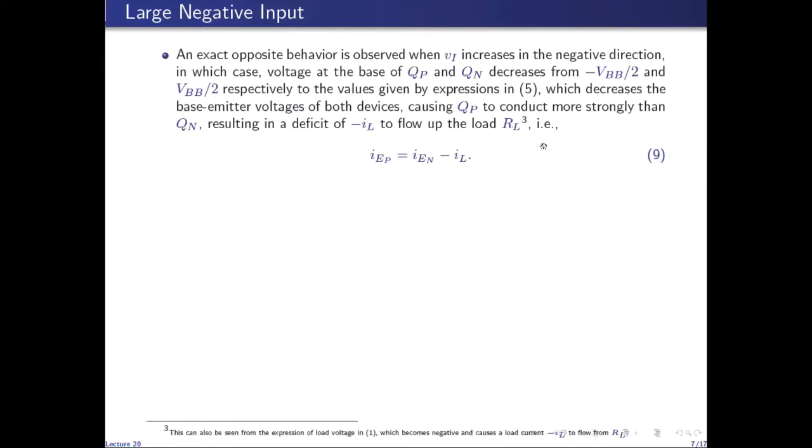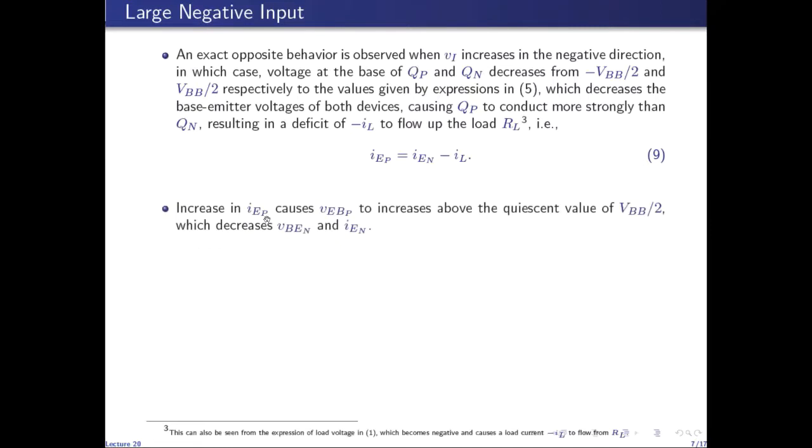It will flow up the load resistor RL. And when that current minus IL is added to the smaller current IEN, we get a larger current IEP. So this difference in conduction flows as minus IL through the load RL in the upward direction.